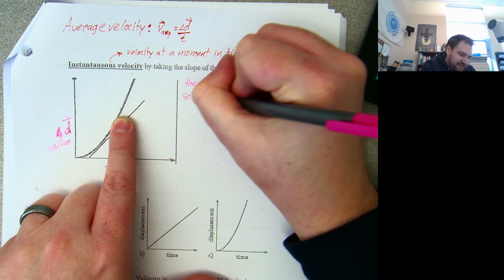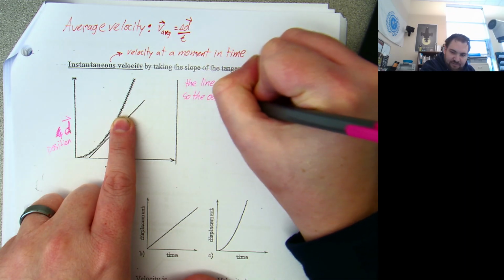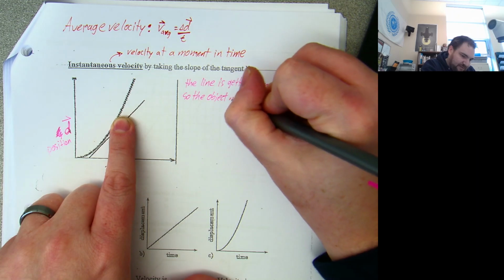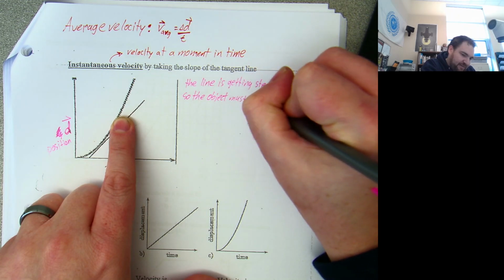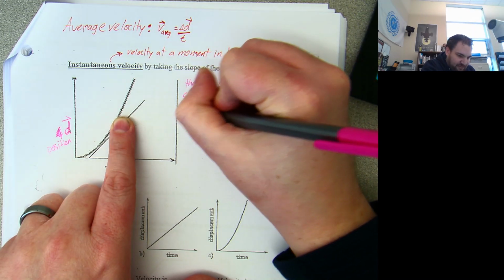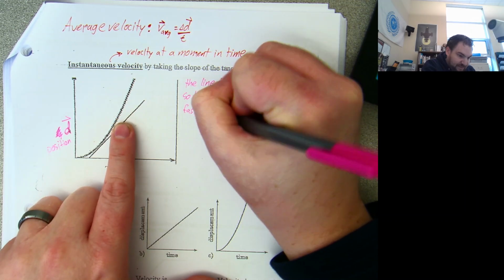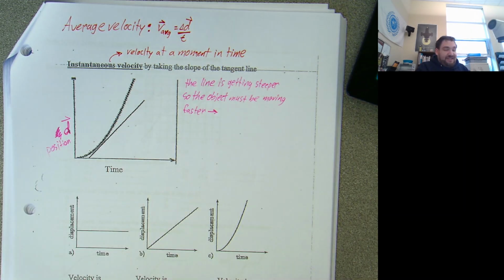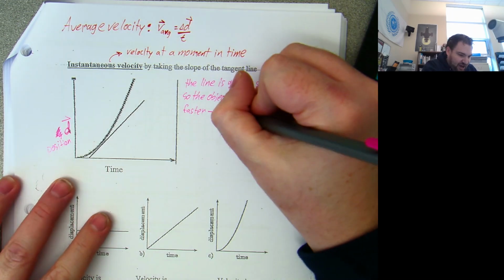So the object must be moving faster. If an object is moving faster, it's got to be accelerating.